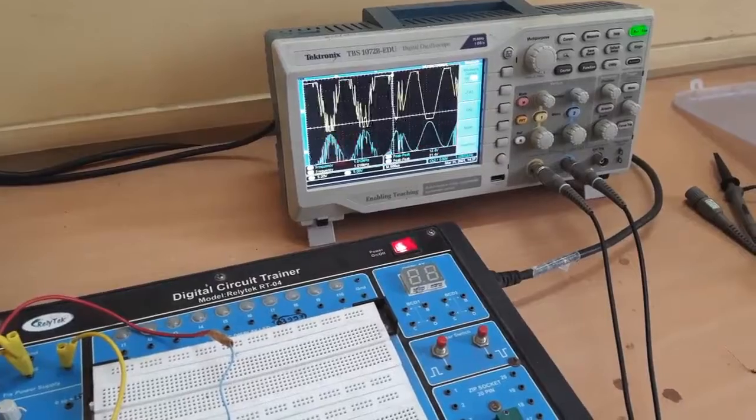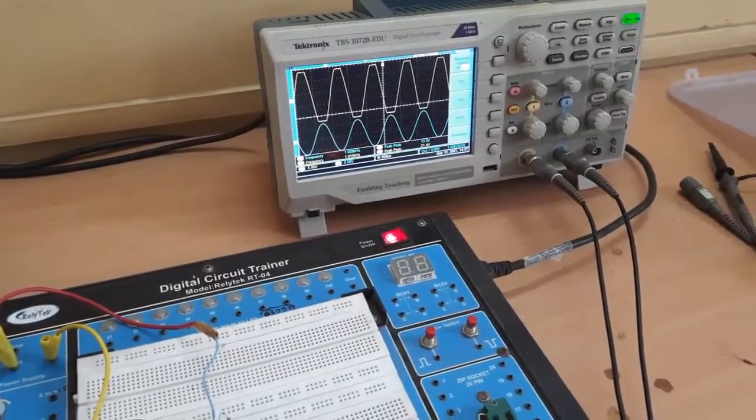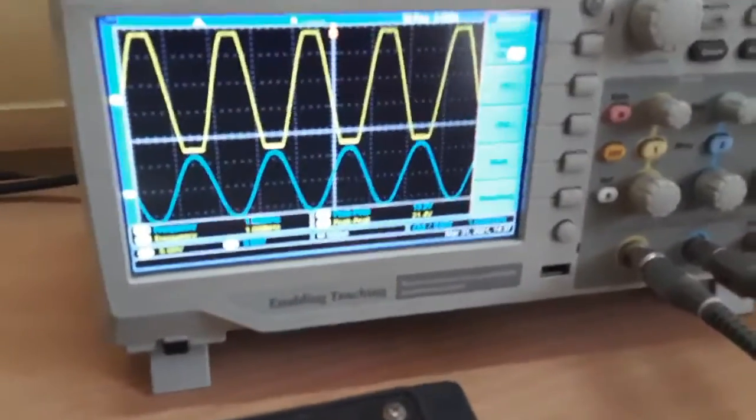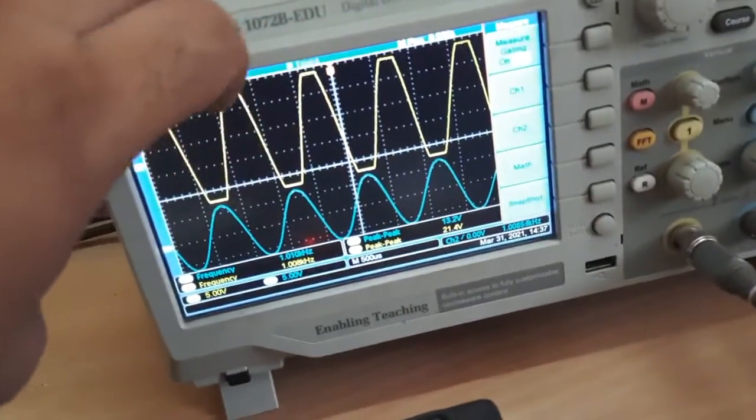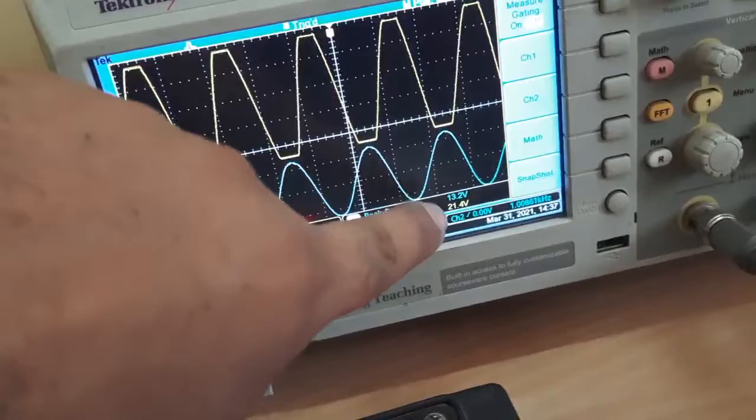Here we can observe the threshold: the upper and lower halves of the wave are getting cut due to the threshold.